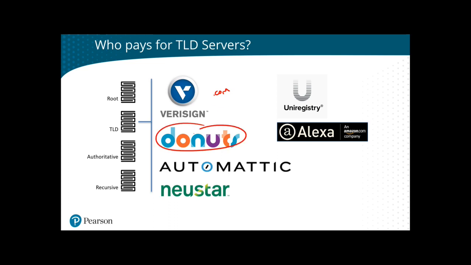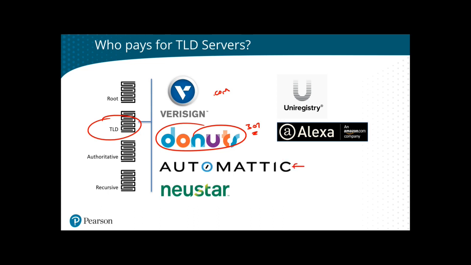But like Donuts owns tons and tons of TLDs. Actually, they own 307 at last count, top level domains like .academy, .agency, .bargains. Anytime you use one of those domains, you're paying a little bit more for that, and that money goes to Donuts, and they use that money in part to support their TLD servers.